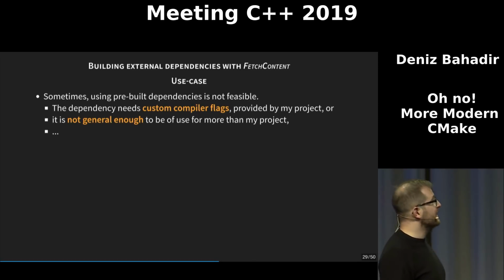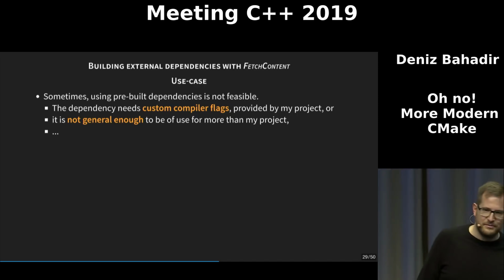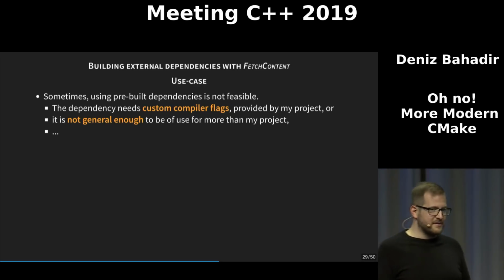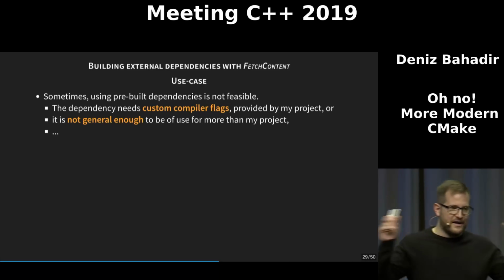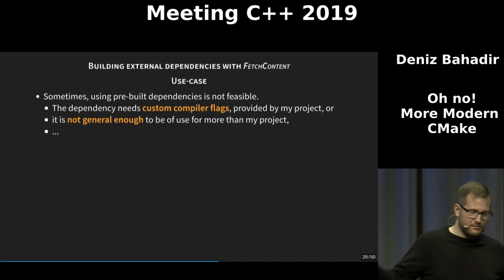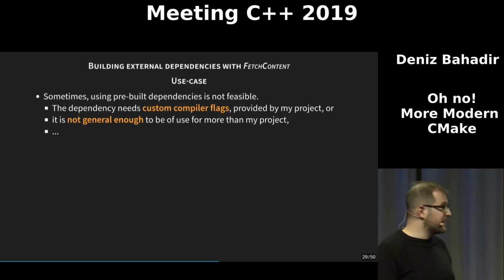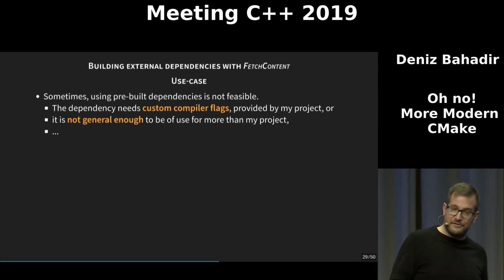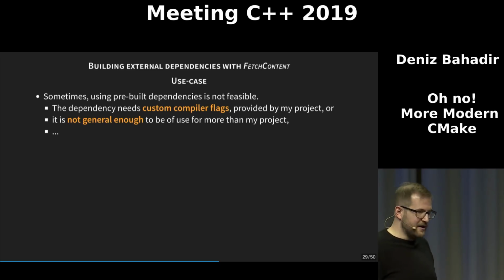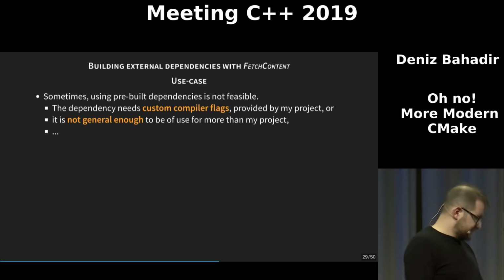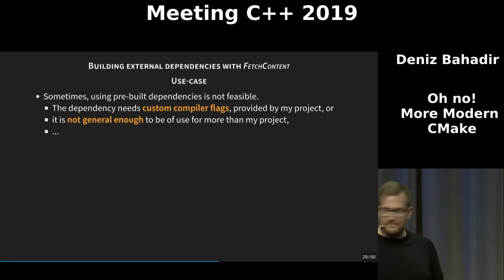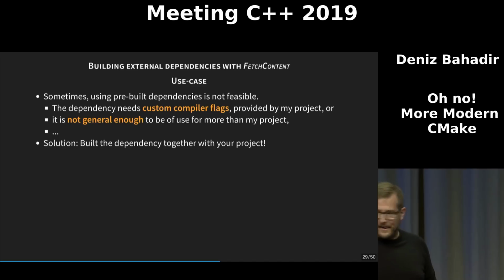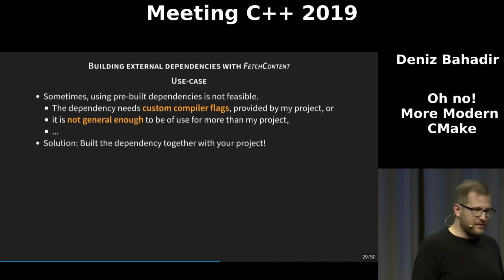Choose what you like, but some might be that you need some special compiler flags when building this, and these might depend on your target, because you want to compile everything in your project with the same settings, maybe just enabling address sanitizer or something like that. Or you say it's not general enough to do something there. So there are multiple reasons, and the solution is to build it together with your project.